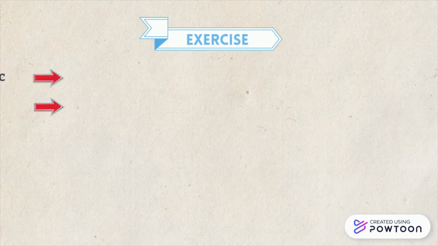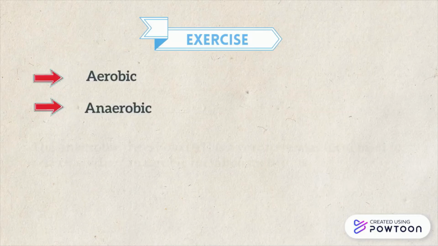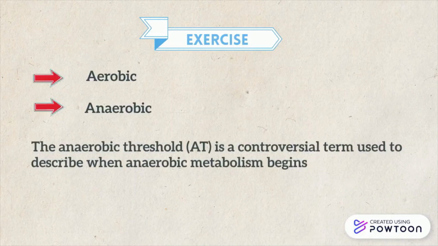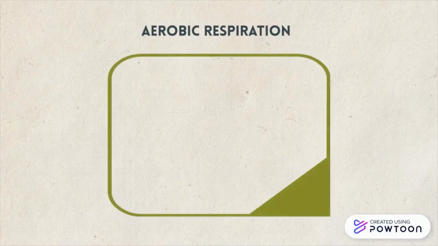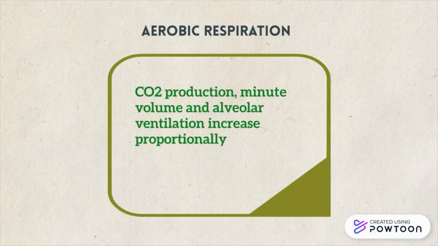Exercise can be aerobic or anaerobic. The anaerobic threshold is a controversial term used to describe when anaerobic metabolism begins. Anaerobic metabolism increases lactic acid production, and the point at which this occurs will vary with the fitness of the individual. During aerobic respiration, carbon dioxide production, minute volume, and alveolar ventilation increase proportionally, resulting in a constant partial pressure of carbon dioxide.